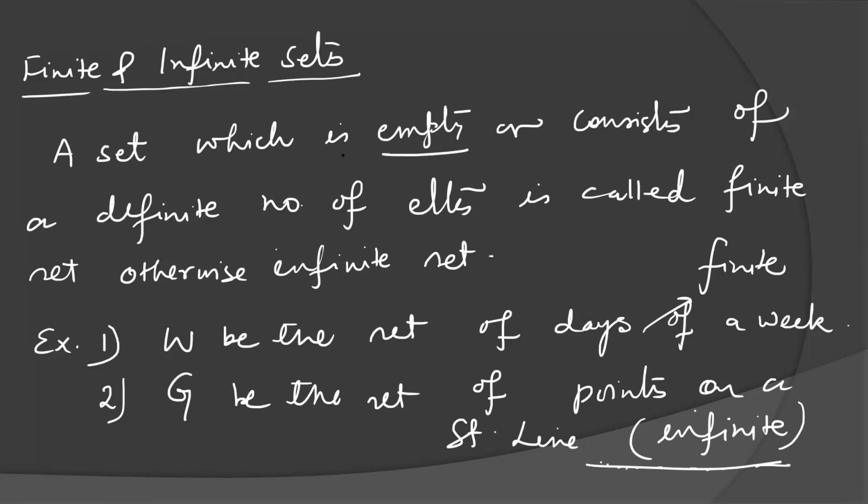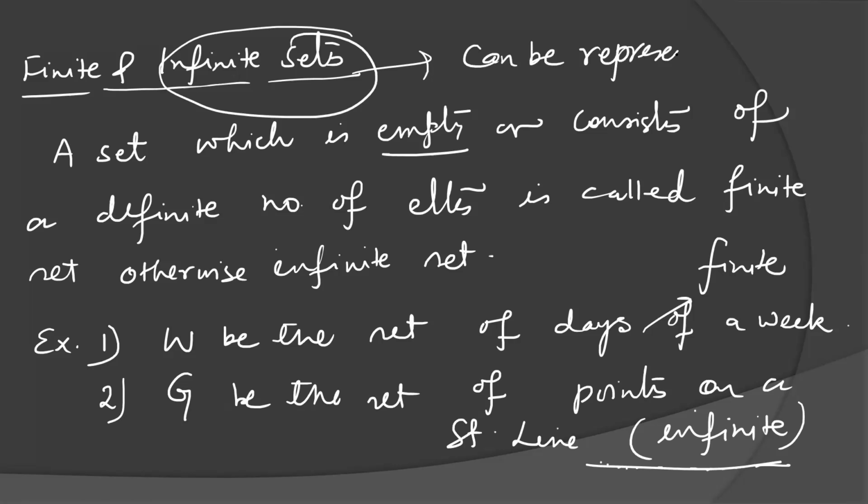Important is, infinite sets cannot be represented in roster form. This is a very important word. Infinite set cannot be represented in the roster form, but a finite set can be represented in roster and set builder both. The only representation of an infinite set is set builder.